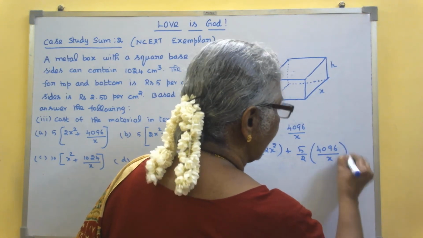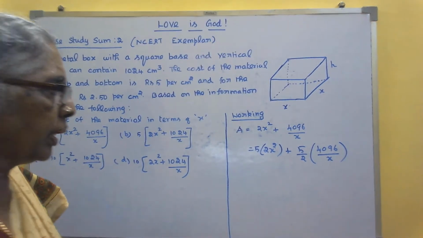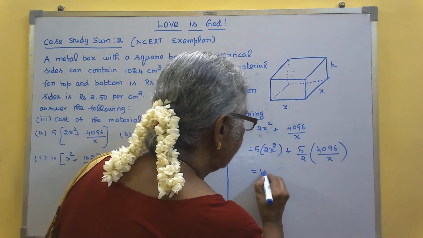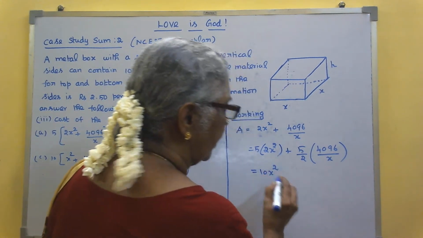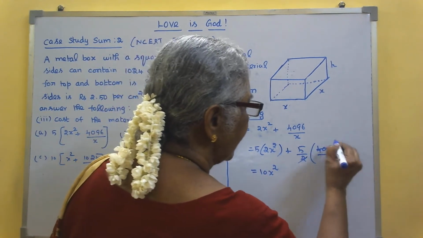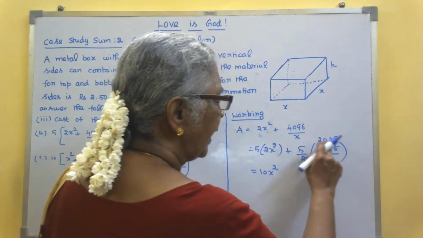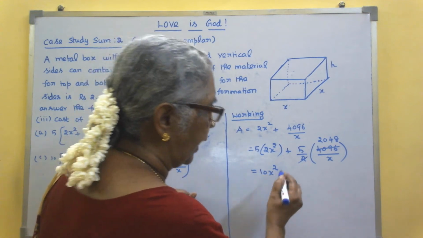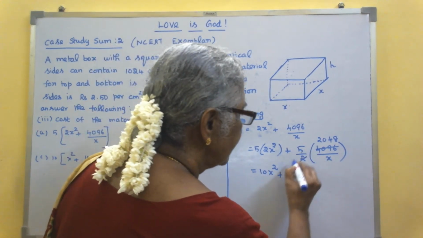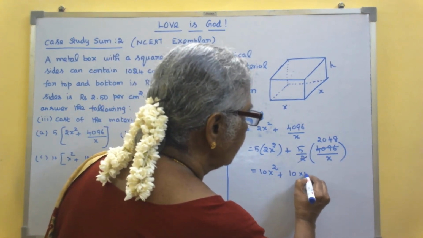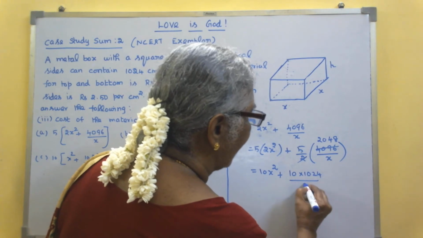4096 by x. Okay, so now let us write this as 10x squared, and this I can cut. I will get 2048. I will take another 2 so that I can take 10 common. So this I can write as 10 into 1024 by x, right?